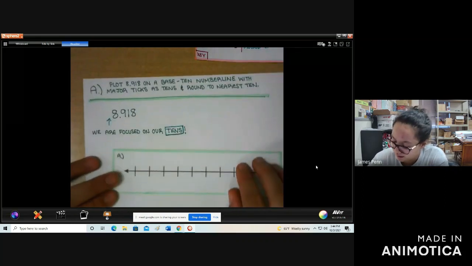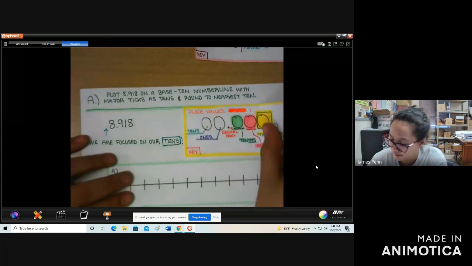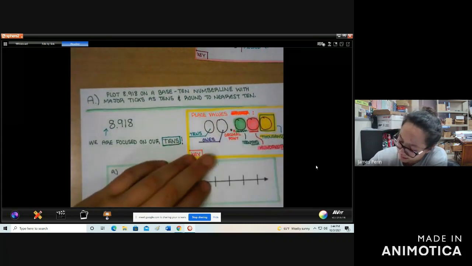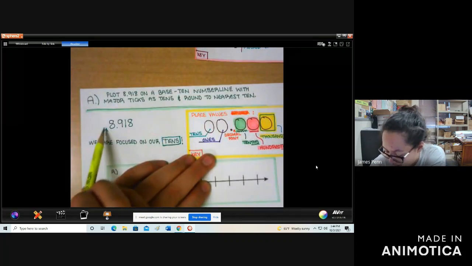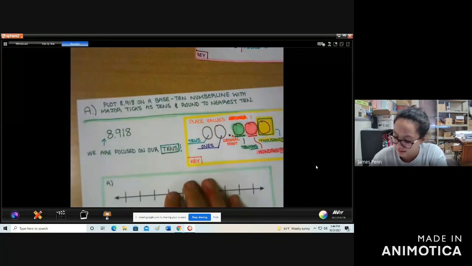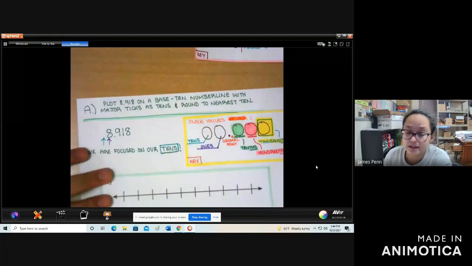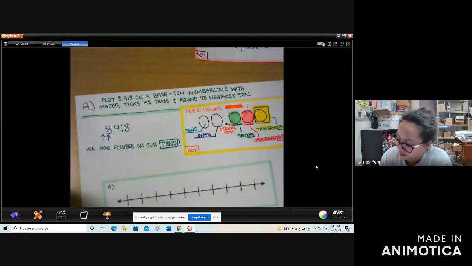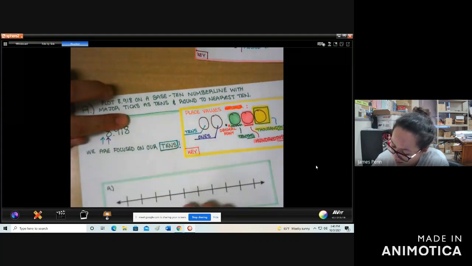With A, we are focused on our tens. We don't have a digit in our tens place, but we have one in our ones place. And we also have tenths, hundredths, thousandths.